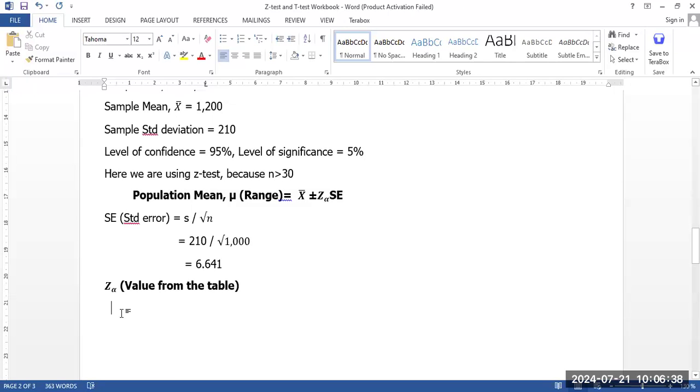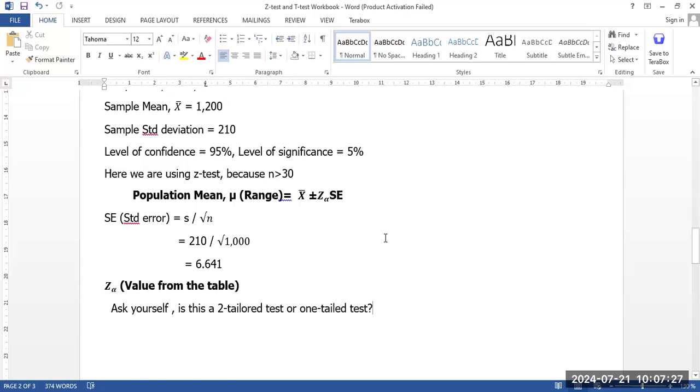Ask yourself, because this is already our level of significance, but we need to ask ourselves: are we dealing with a two-tailed test or one-tailed test?